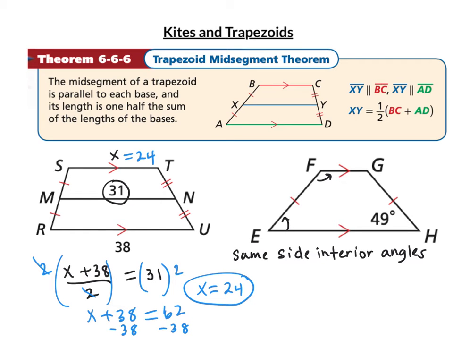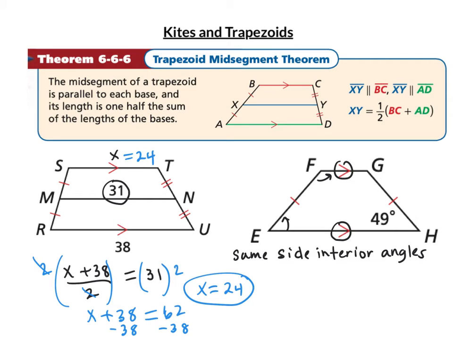Remember that if you have parallel lines, EF is a transversal, that the angles on the same side are supplementary. They're same side interior angles. So angle E and angle F are supplementary. They add to 180 degrees. This is true in any trapezoid, not just an isosceles trapezoid, but also angle H and angle G are supplementary.